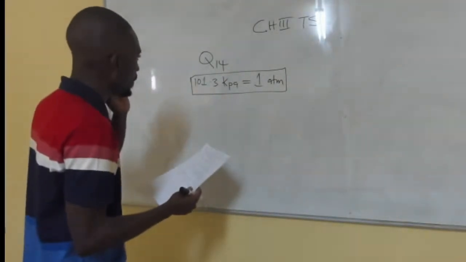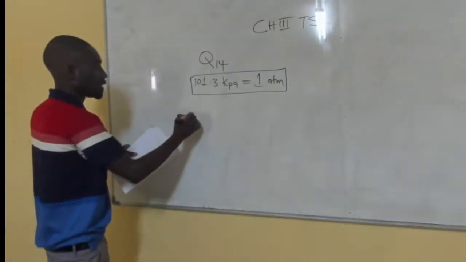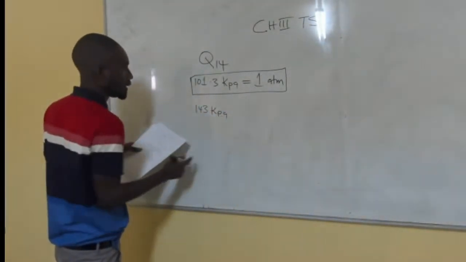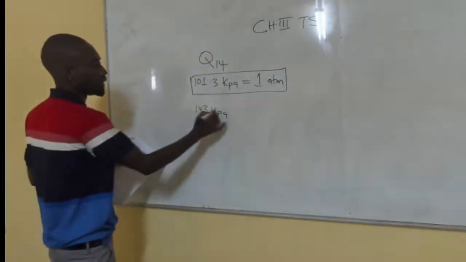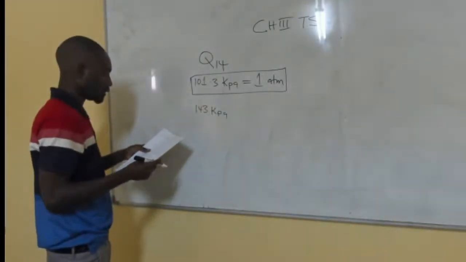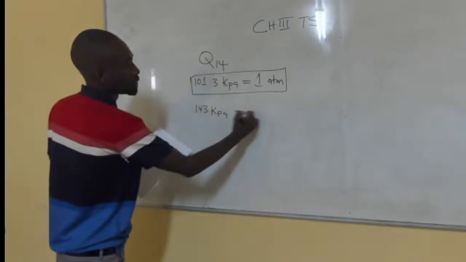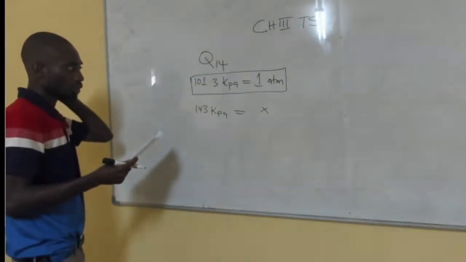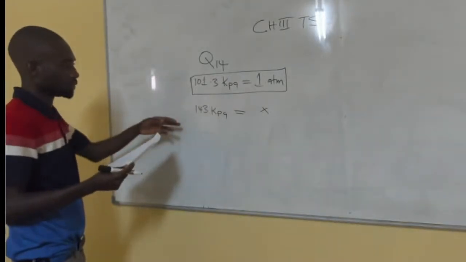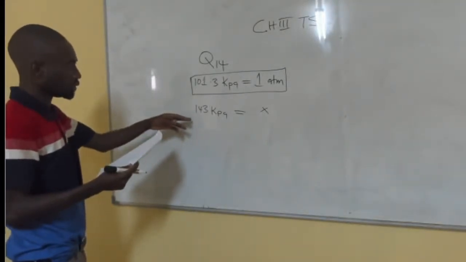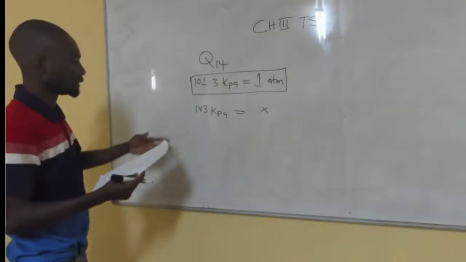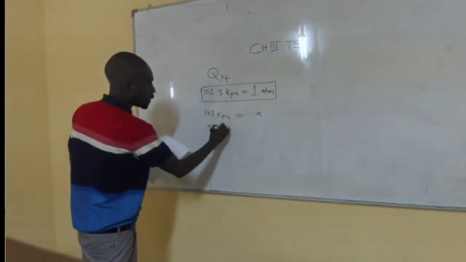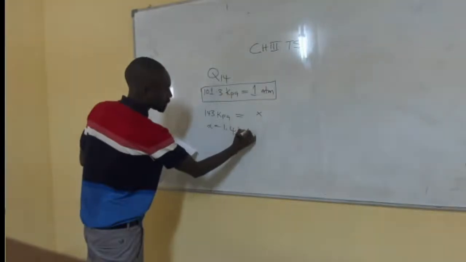So then we are given 143 kPa. We need to convert this one, so this one equals X. Therefore our X should give us 1.41 atmosphere.